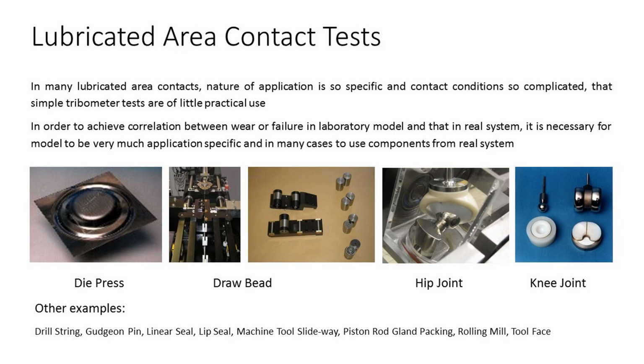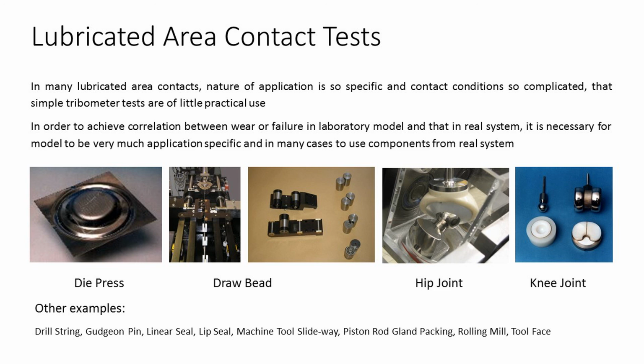In many other lubricated area contacts, the nature of the application is so specific and the contact conditions so complicated that simple tribometer tests are of little practical use. In order to achieve correlation between wear or failure in a laboratory model and that in the real system, it is usually necessary for the model to be very much application specific and in many cases to use components from the real systems.